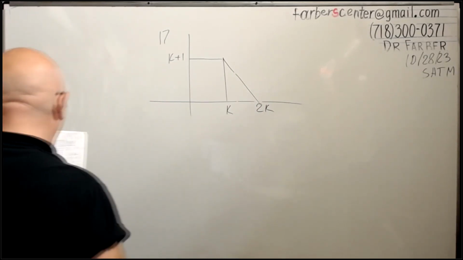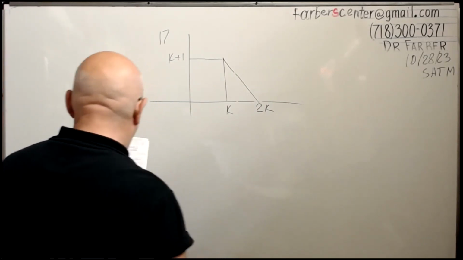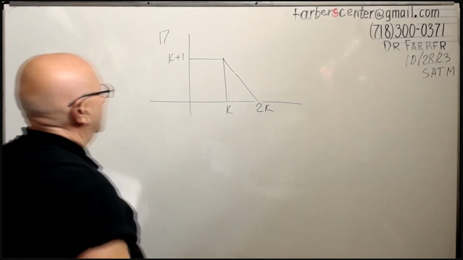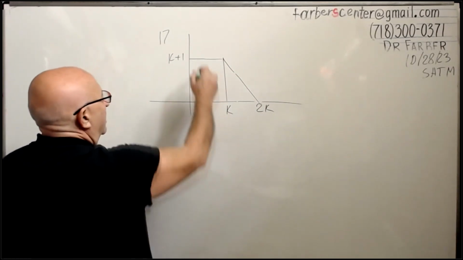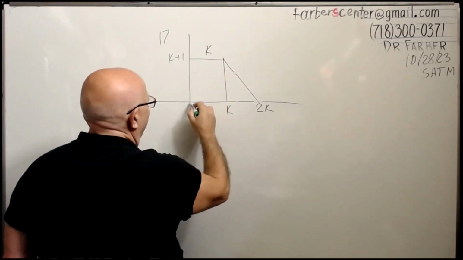Visual polynomial: express the area of a trapezoid. Well, if this is k, this is k. If this is 2k, this is 2k.